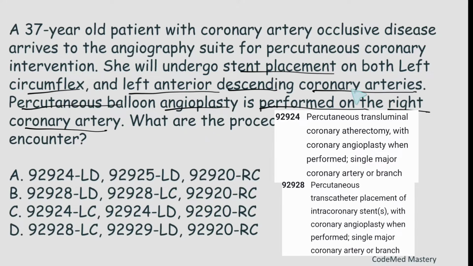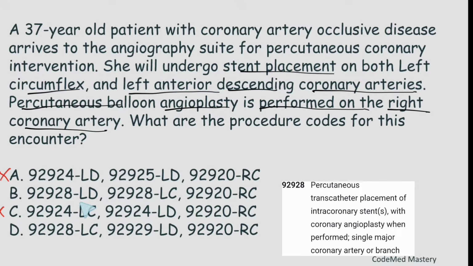Now check in the scenario if they have performed coronary atherectomy. No, right. We cannot find coronary atherectomy in this scenario. So we cannot code 92924. We'll eliminate the option which contains 92924. So option A is eliminated and option C is eliminated.